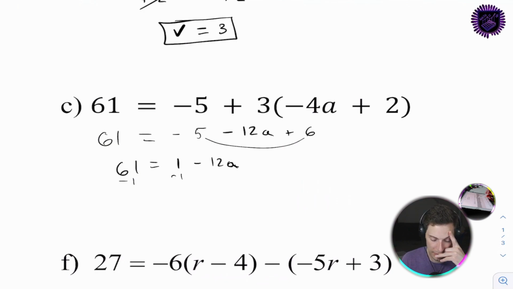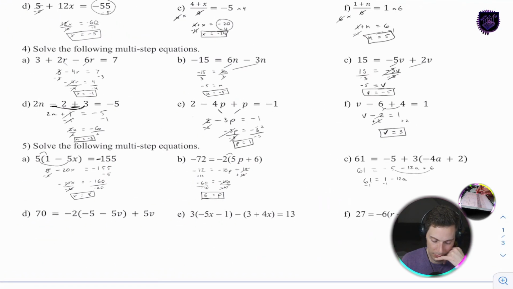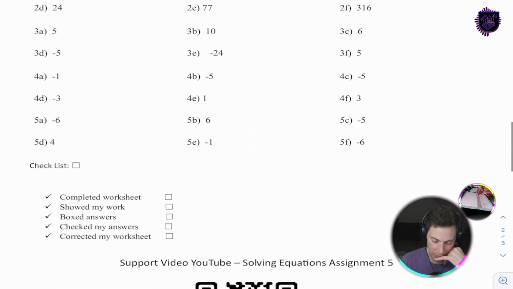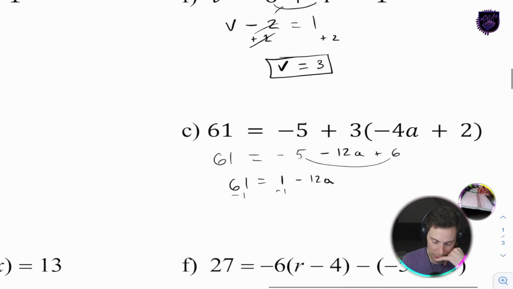Negative 12a, negative 62, oh yeah, okay.